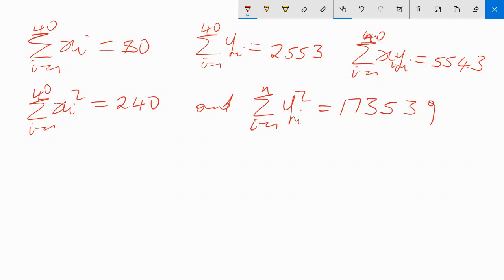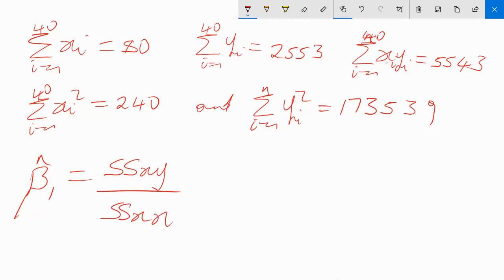So these are the sums that we got there. I did this because it will help us to get everything that we want. You can also get x bar if you want, but since we have the sum of xi, you can just divide 80 by 40 and you get x bar. So we estimate beta 1 first, beta 1 hat, which is given by SSxy divided by SSxx.